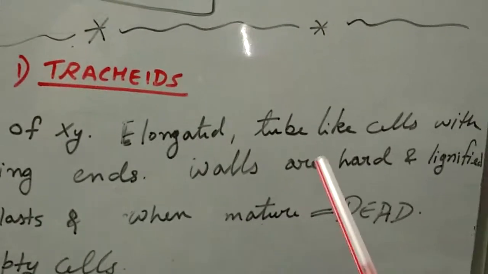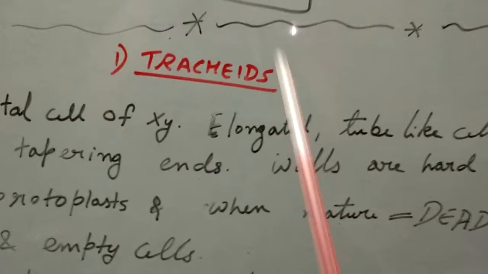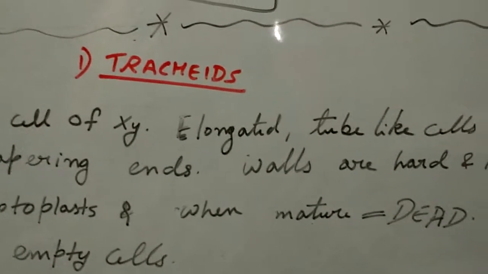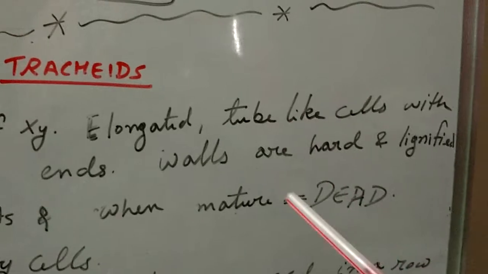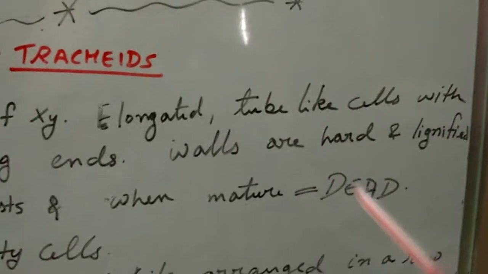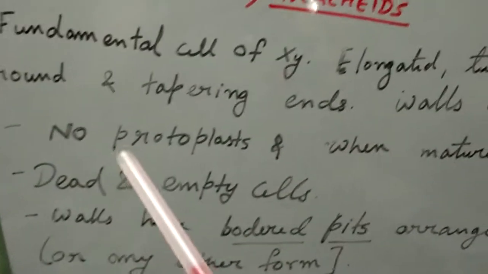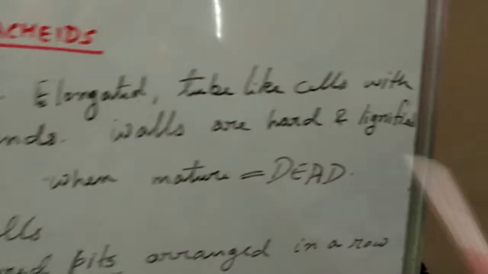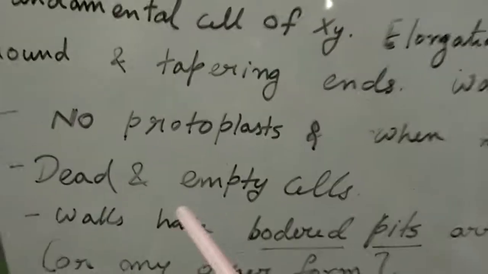If you don't remember whether a cell is dead or not, you need to know that if the cell has a thick or lignified wall, then the cell has to be dead. So tracheids have lignified and hard walls, therefore no protoplast, and hence when they mature they become dead. So tracheids are basically dead and empty cells.